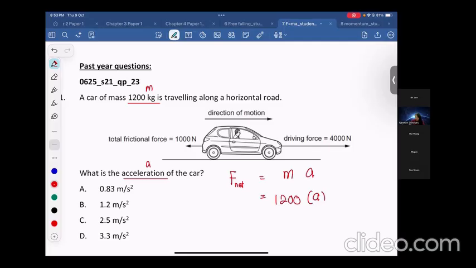Your a you want to find. What is your resultant force, dear? Is it 4000? Is it 1000? Still remember, last few lessons we talked about resultant force. I gave you a few examples asking you to find resultant force. So boys and girls, can you tell me what is your resultant force? Type in the chat box, tell me.